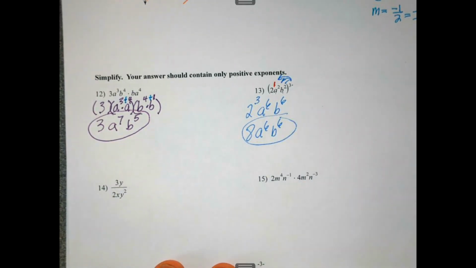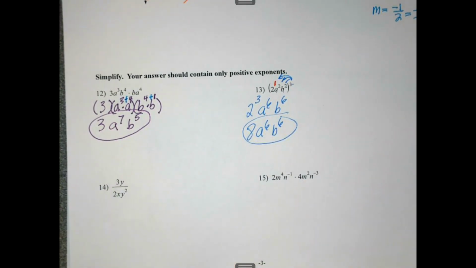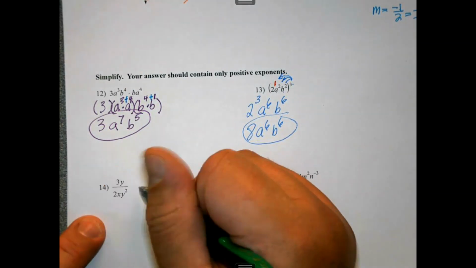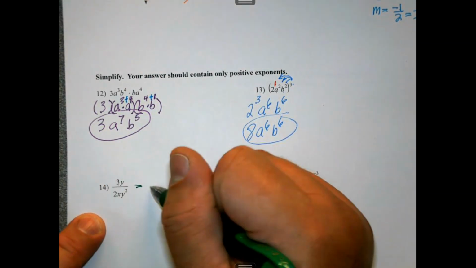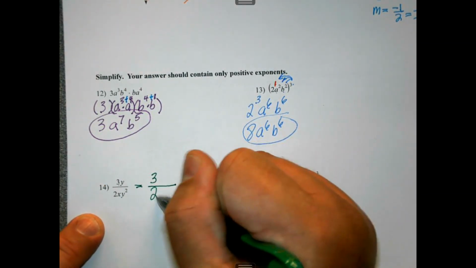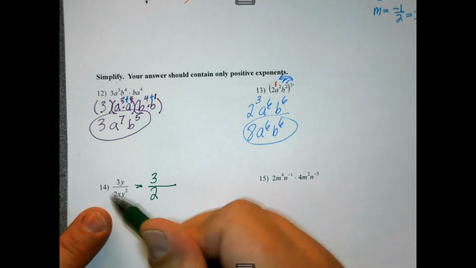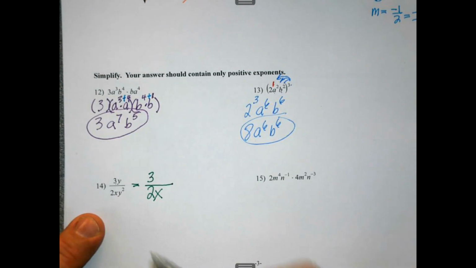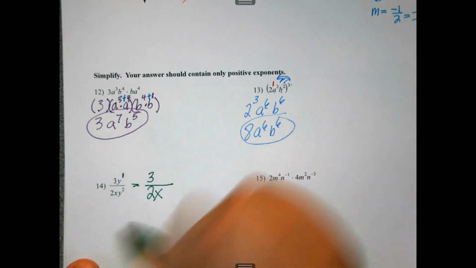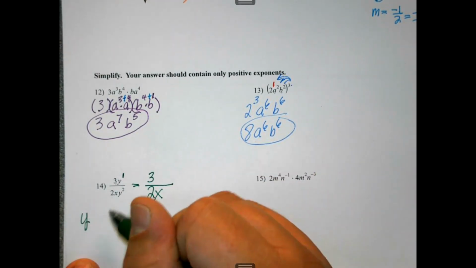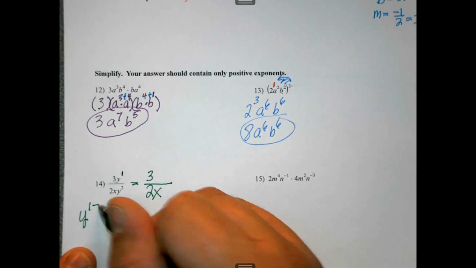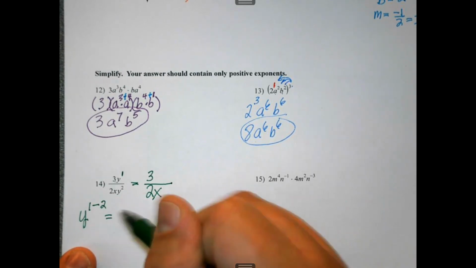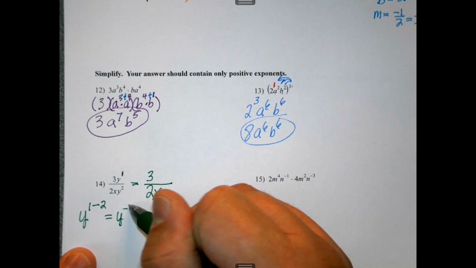Number 14. There's nothing I can do with the 3 and the 2, right? I'm going to leave the 3 and the 2 there. In fact, there's nothing I can do with the x because there's no x in the numerator. But the y, don't forget, there's a 1 there. So when they're dividing, I subtract the exponents. So 1 minus 2 is negative 1.